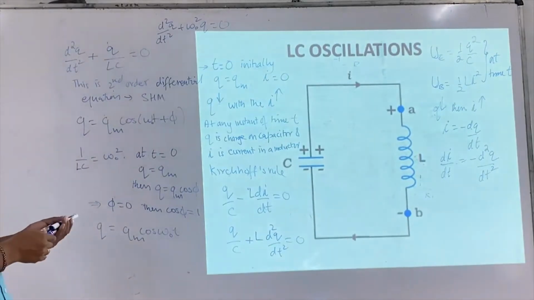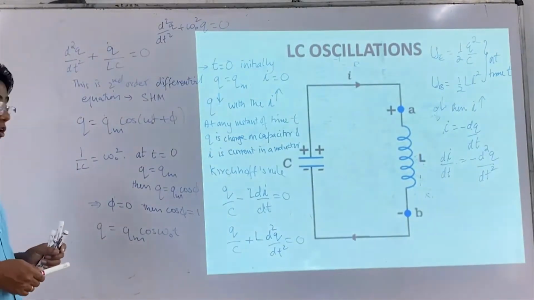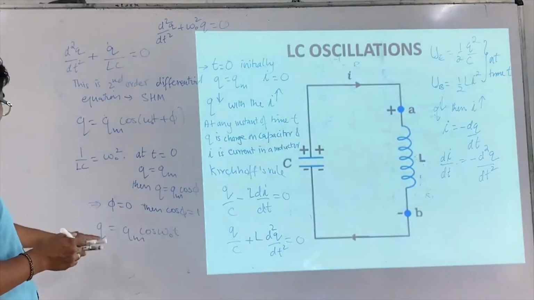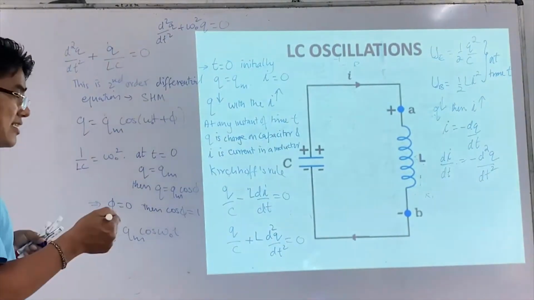This is the instantaneous charge on the capacitor. Now how much would be the instantaneous current?